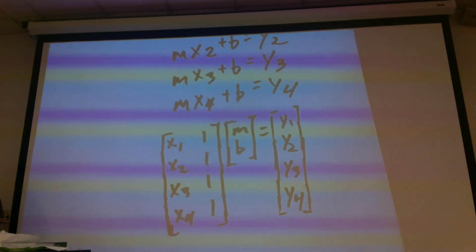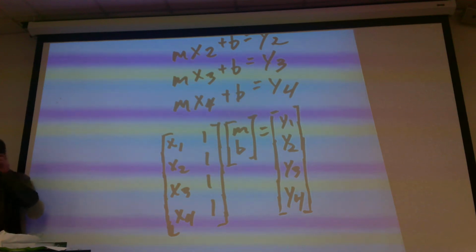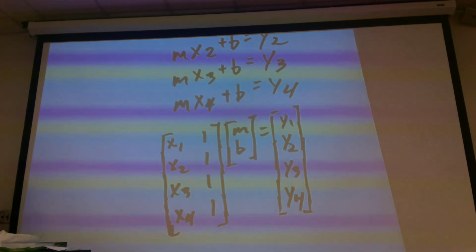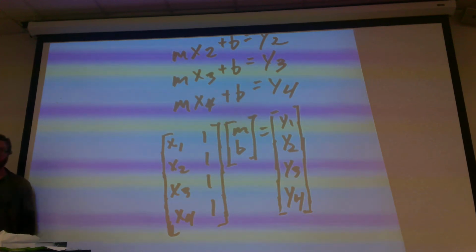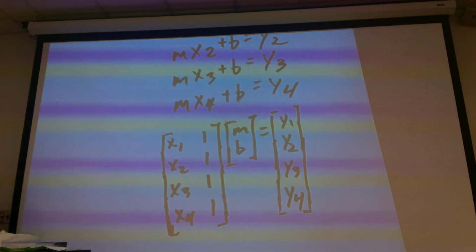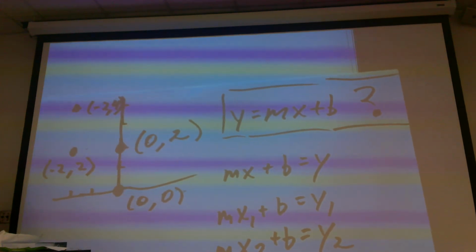Sorry. Okay. So this is the type of matrix that we're going to be dealing with. So I'm going to take this guy and basically just plug in my x and y values. Okay? I was given 4 x and y values. So to do this, I'm looking at these guys right here.